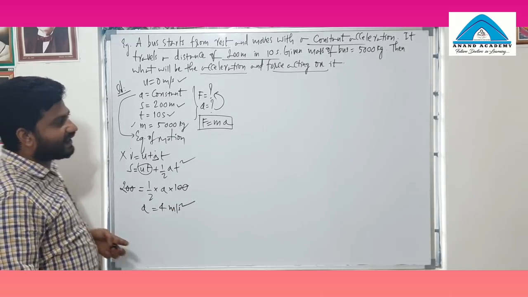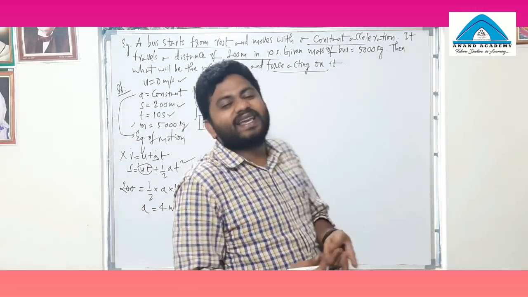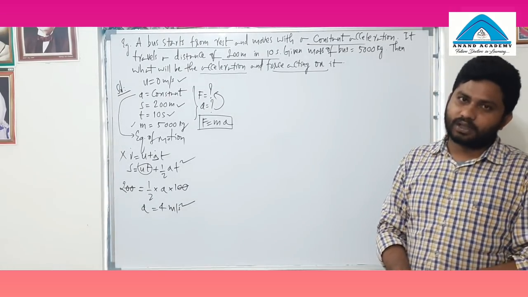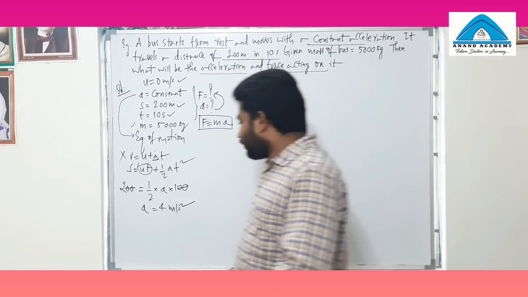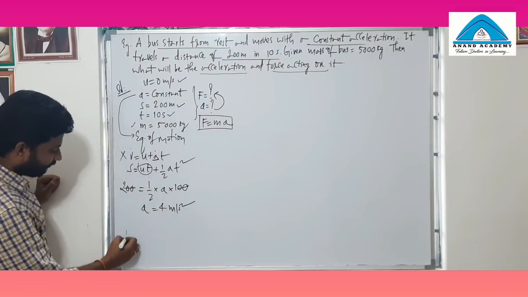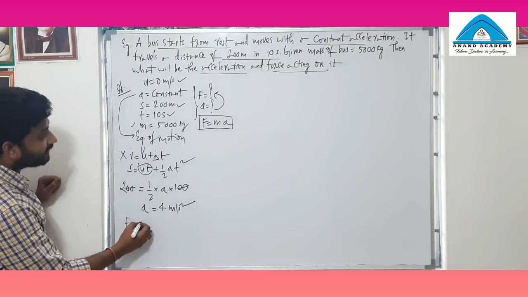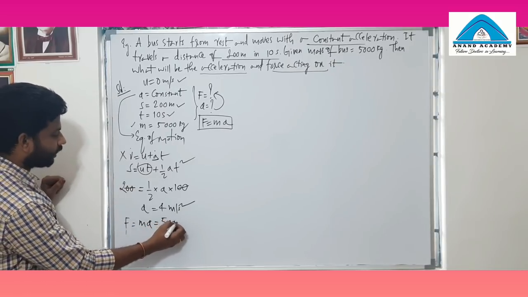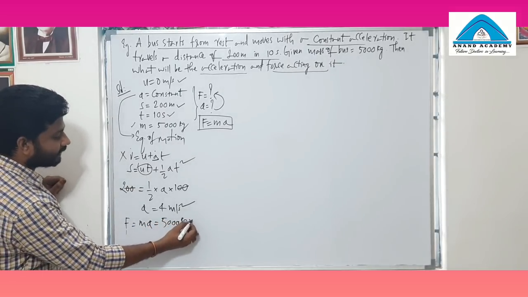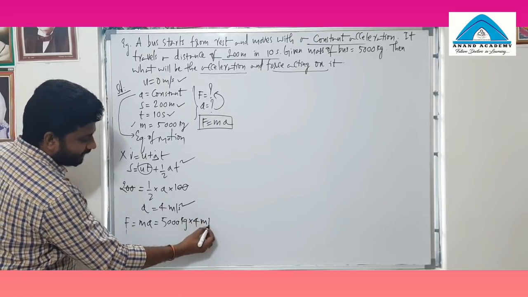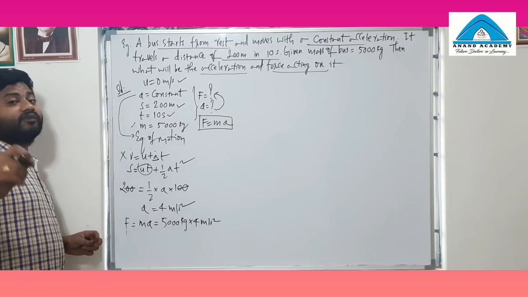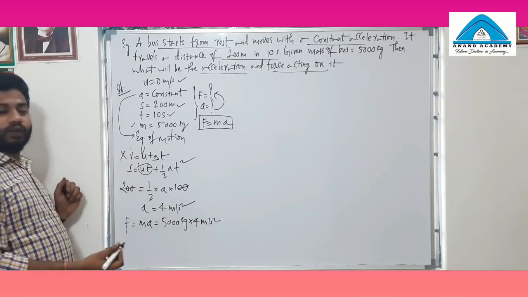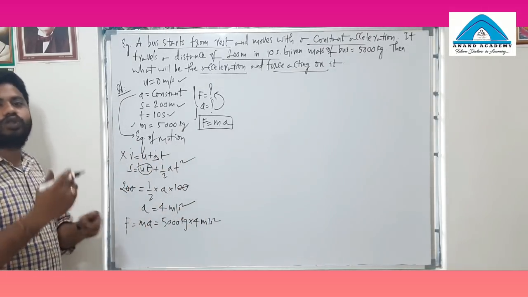Once you find the acceleration, it is very easy and simple for us to find the force acting on that bus. F is equal to ma, right? So what is the force acting on the bus? F is equal to m, 5,000 kilogram, into acceleration, 4 meters per second square. You see here, no need of conversion of units, because kilogram is the SI unit and meter per second square is also the SI unit.